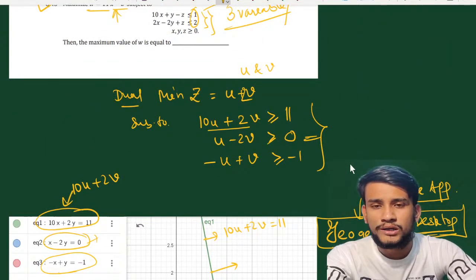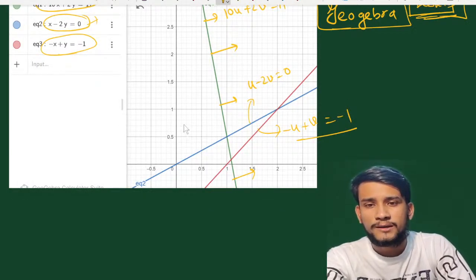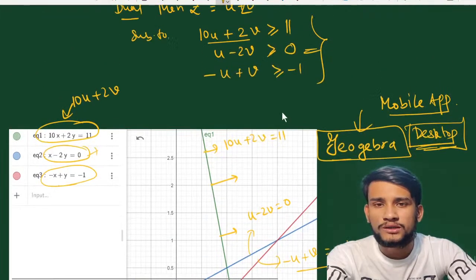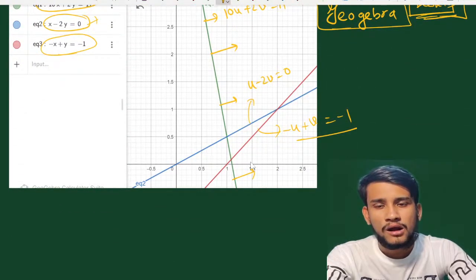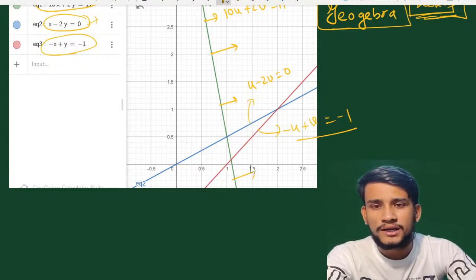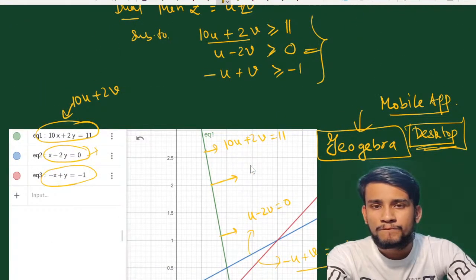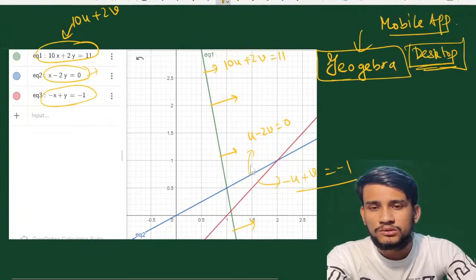For the second constraint, u minus 2v greater or equal to 0, if we take a point, suppose 1 1, this gives negative. The second line is u minus 2v equal to 0.